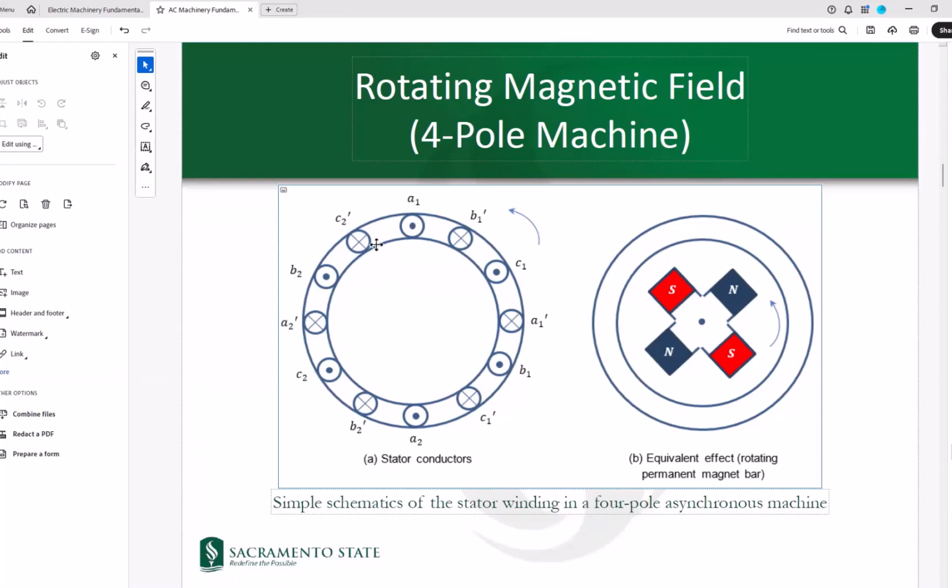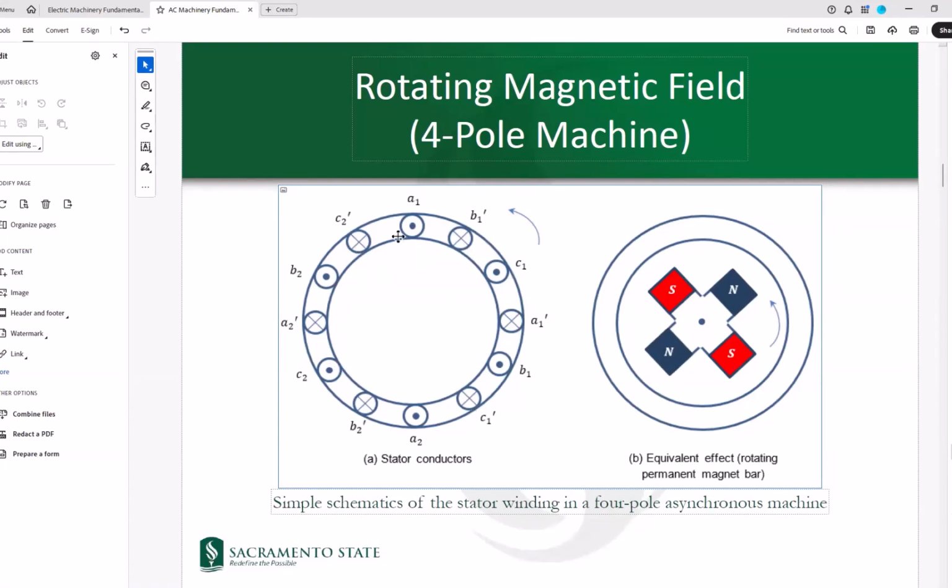So how that works using this setup, its equivalent would be as if we would have 2 phase A's, so A1, A1 prime, A2, A2 prime, 2 phase B conductors in these locations, so B1 prime, B1, and B2 prime, B2, and 2 phase C conductors, so that would be C1 prime, C1, and C2 prime, C2.